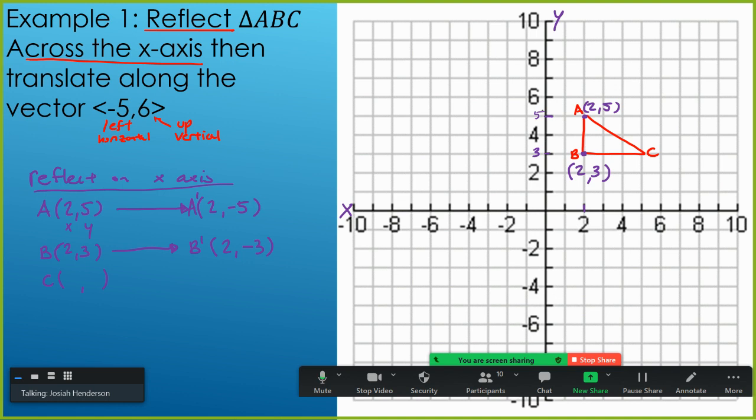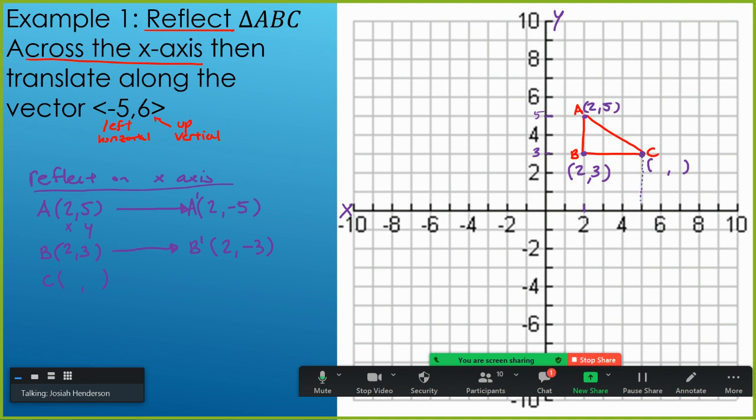And now for C, can anyone tell me what's the original point for point C right here? Original point for point C. Anybody? To find its x, look down from C, the point we're interested in.